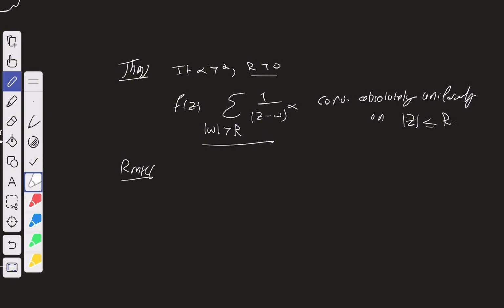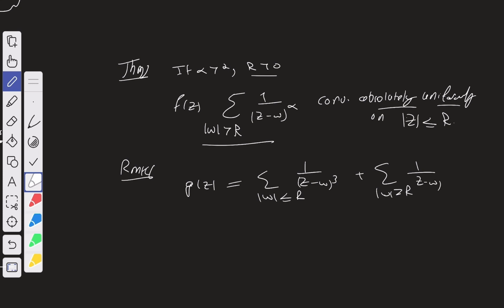If we prove this theorem, which is an easy thing to prove now that we have the lemma, we have a series that is locally absolutely uniformly convergent. If we consider the function g of z given by the sum over |omega| less than or equal to r of 1 over (z minus omega) to the alpha, (z minus omega) cubed for example, plus the sum over |omega| strictly bigger than r of 1 over (z minus omega) cubed.